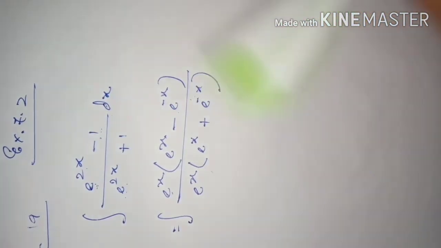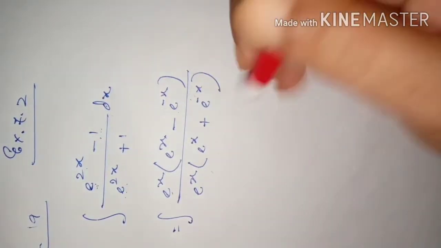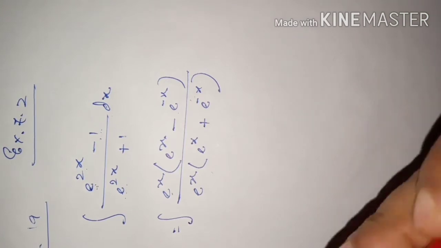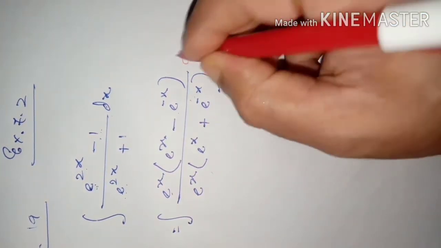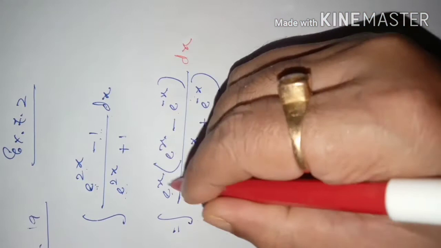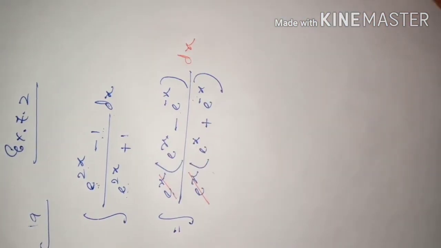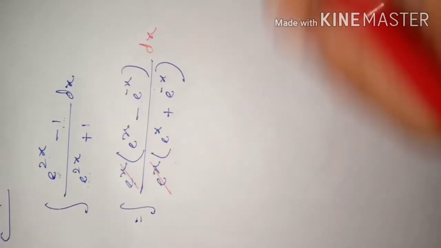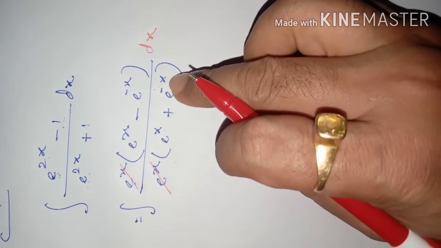Okay. Now dear students, if we cancel, this is with respect to x, so e to the power of x cancels. Now suppose we substitute e to the power of x plus e to the power of minus x by t.